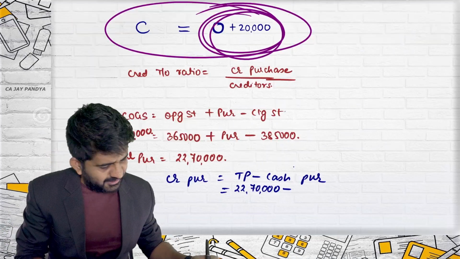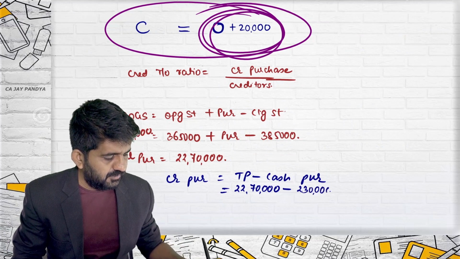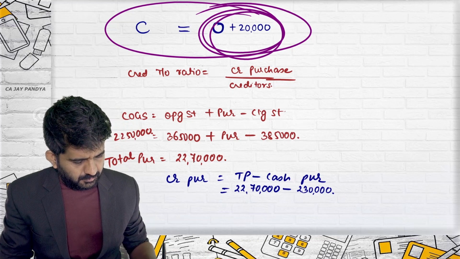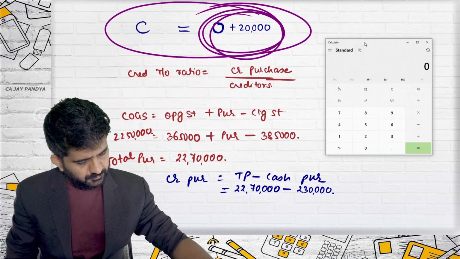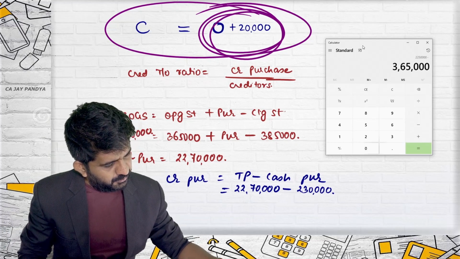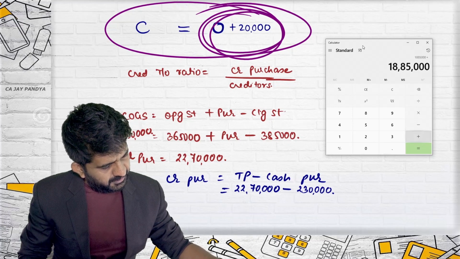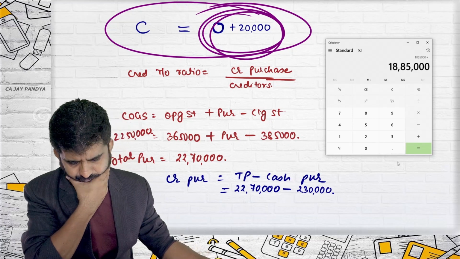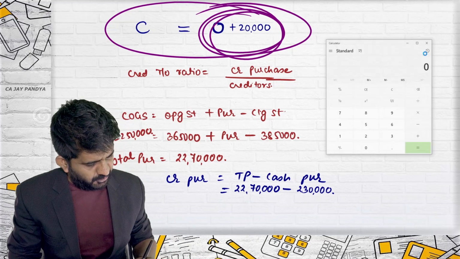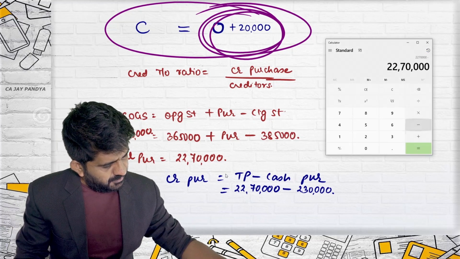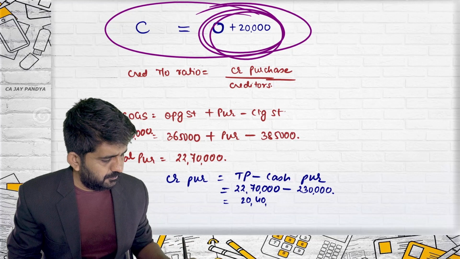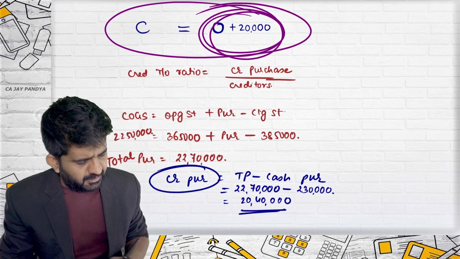It is given, 2,30,000. 22,70,000 minus 2,30,000 is 20,40,000, which is nothing but credit purchase.